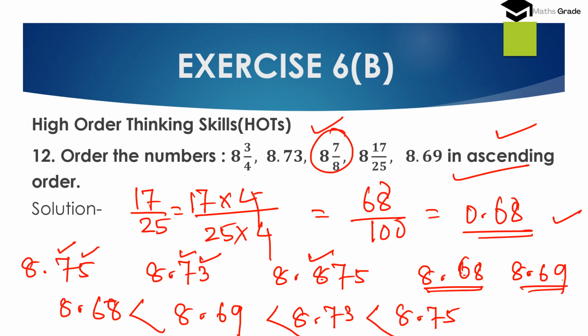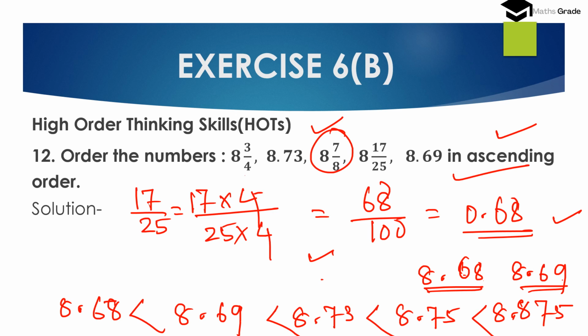So 8.875 is the largest decimal. So the smallest decimal is 8.68, and the largest decimal is 8.875.